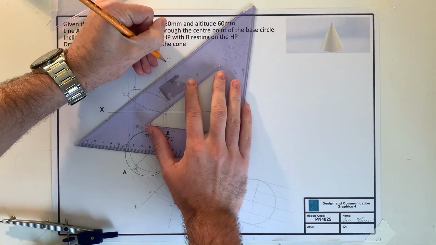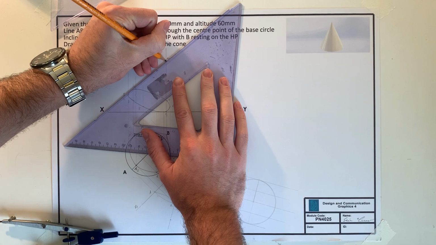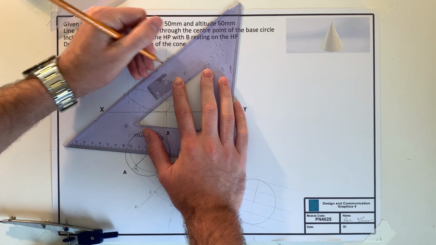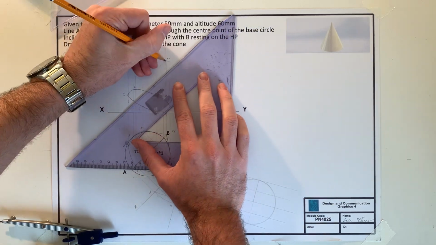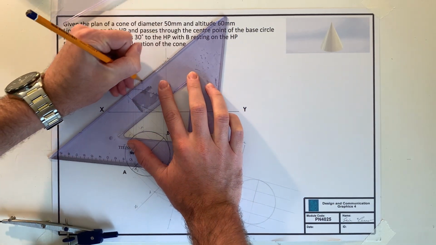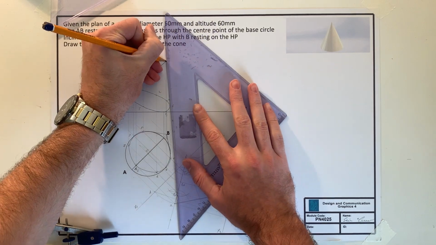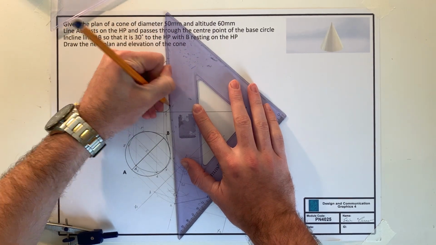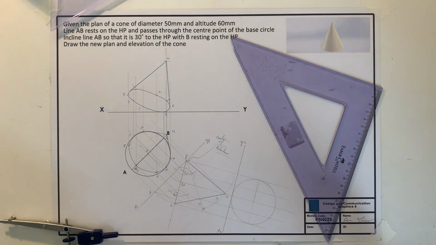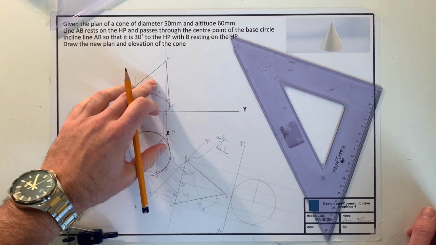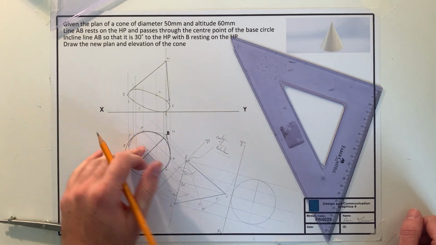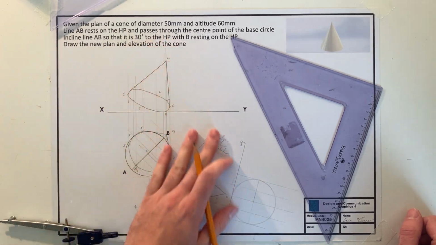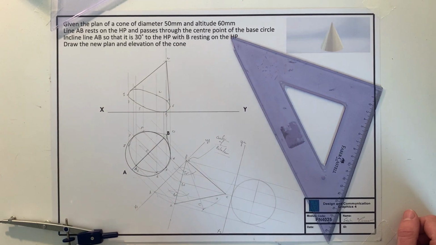And then you can join that down to the most extreme point on the side of this freehand curve, so make it tangential. And like so. And then you have your cone here in elevation as well as in plan. Afterwards, you can clean it up, get your rubber, take down some of the lines, make it nice and easy to see where everything is.